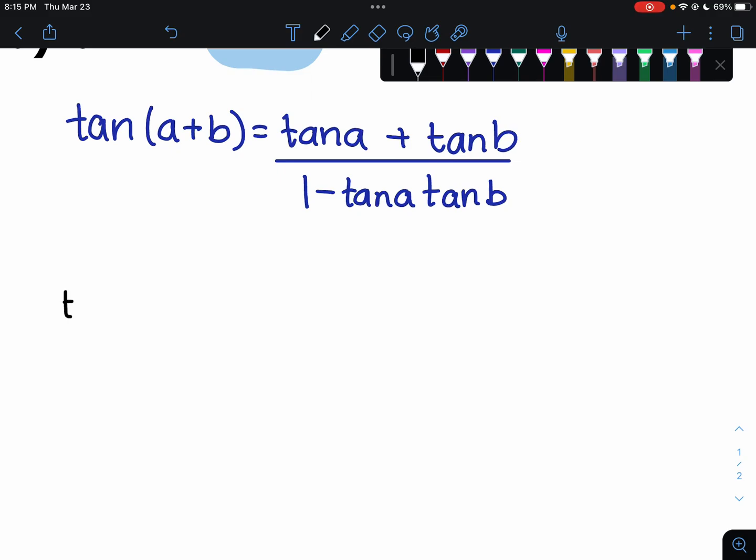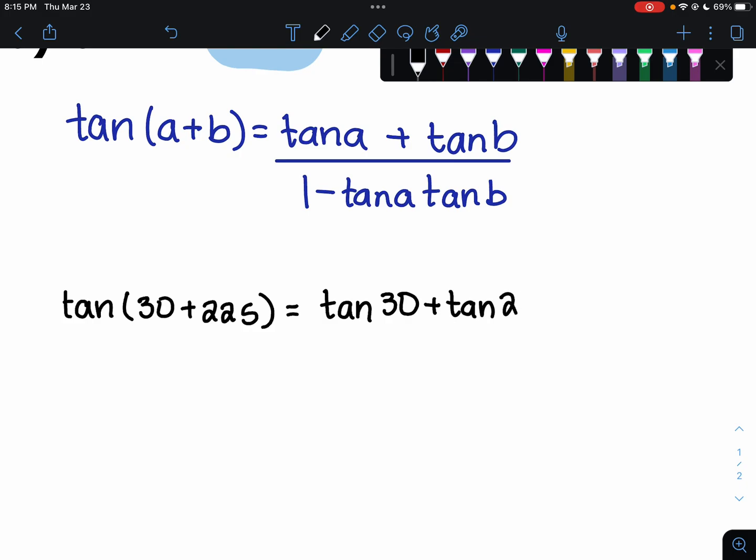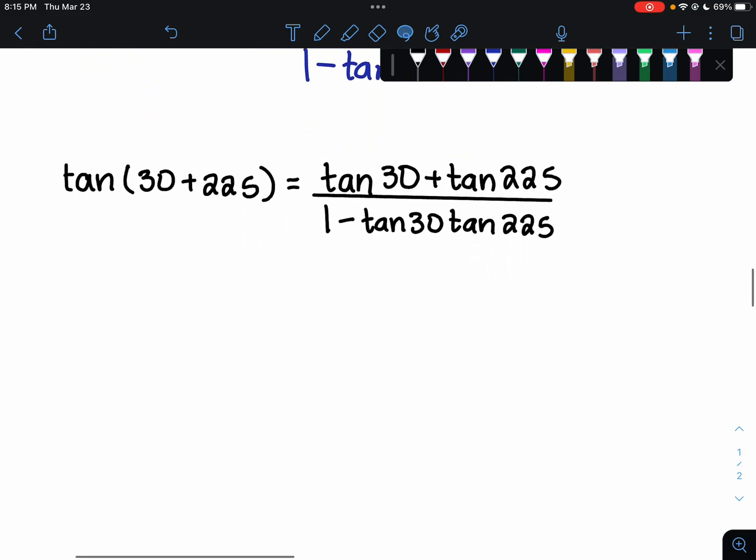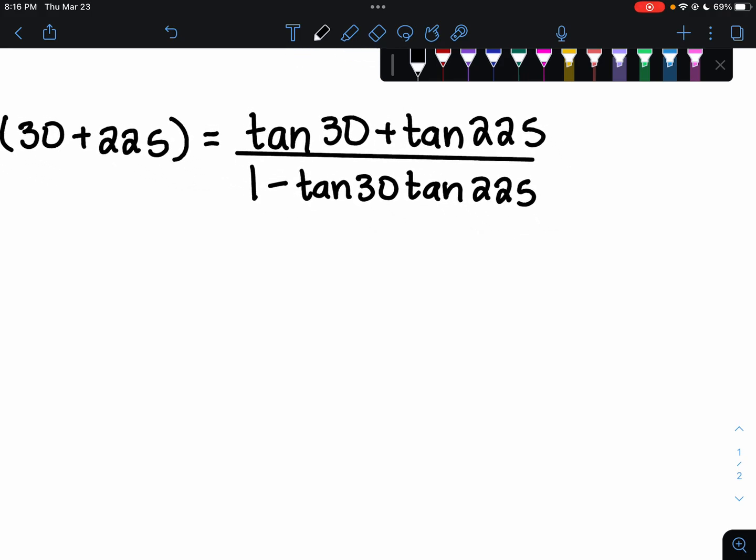So when I plug this in, I get tangent of 30 plus 225, so that is tangent of 30 plus tangent of 225 all over 1 minus tan of 30 times tan of 225. So let me go ahead and scoot that over so it looks a little more balanced. Okay. So now we start the trig part and then we go into the simplifying part.